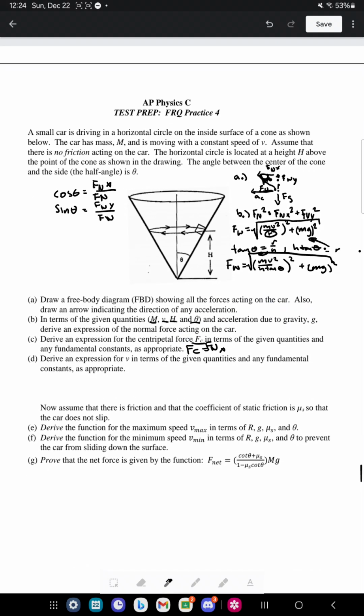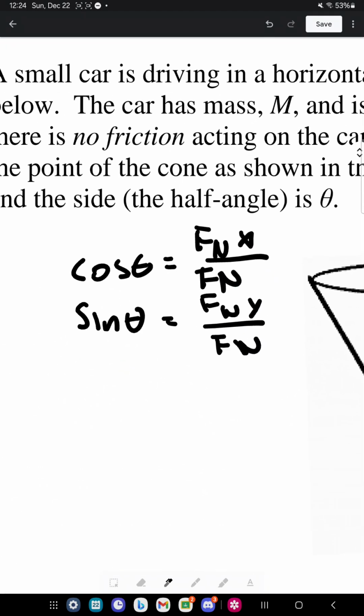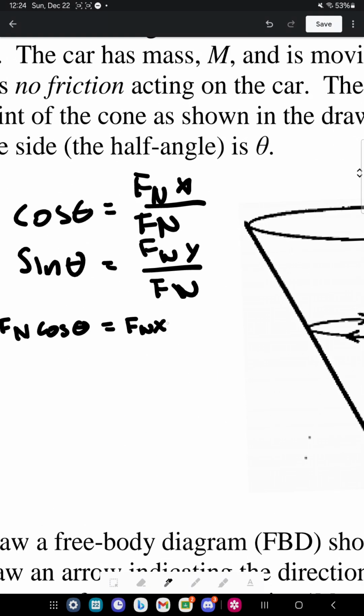What are we solving for? F_c? So we want to find F_n,x. So we can multiply F_n over to get F_n cosine theta equals F_n,x, which equals F_c.